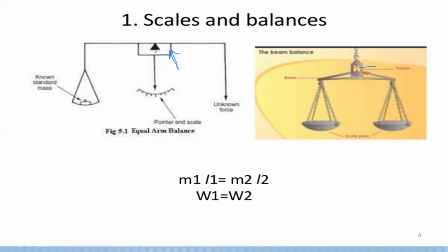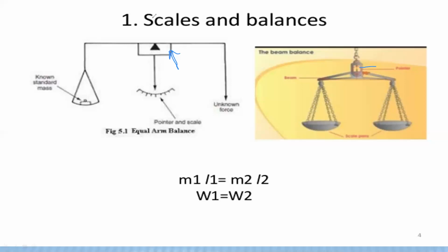So the pointer shows how much mass the unknown weight is; we can calculate it by using this pointer and scale. A calibrated scale is placed at the pointer for measuring the unknown mass. Okay, so the pointer is in equilibrium condition.